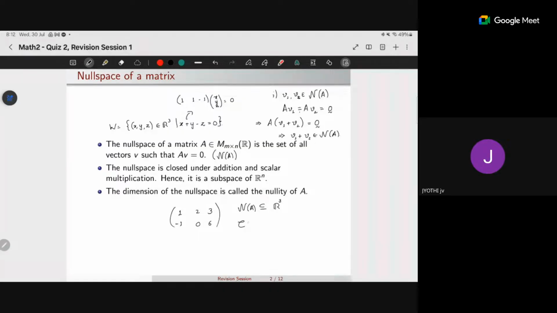But the column space, I'll just write it as C of A, is the span of the columns of this matrix, which are all in R2. So here, it does not make sense to say it is situated opposite or things like that.